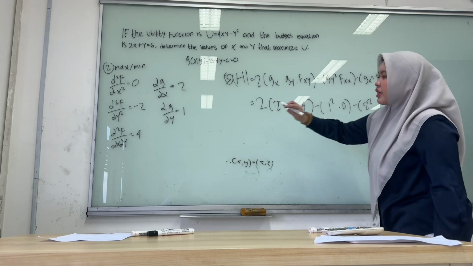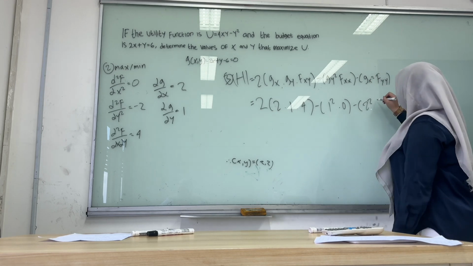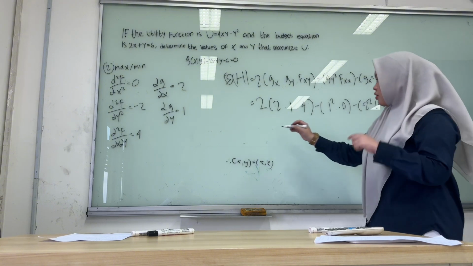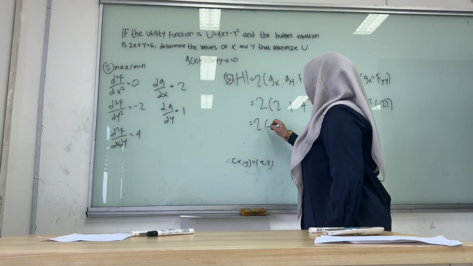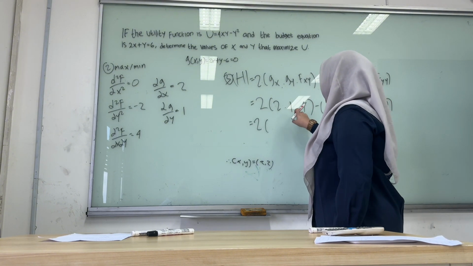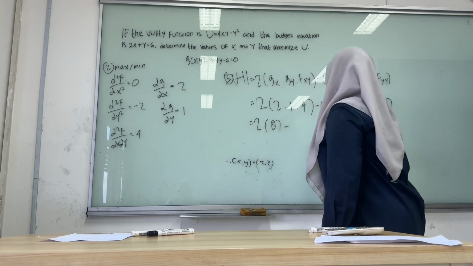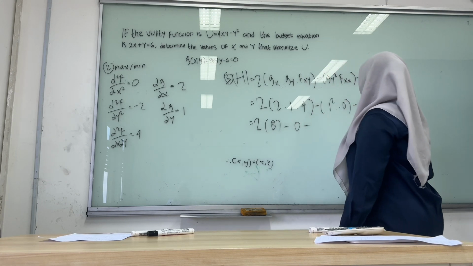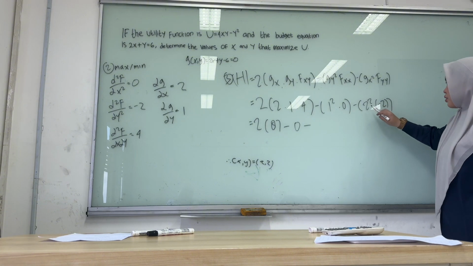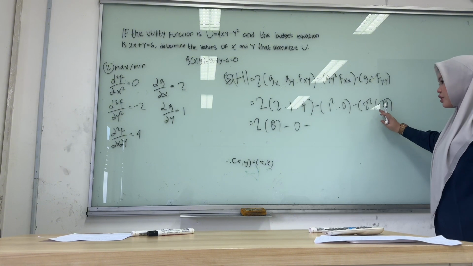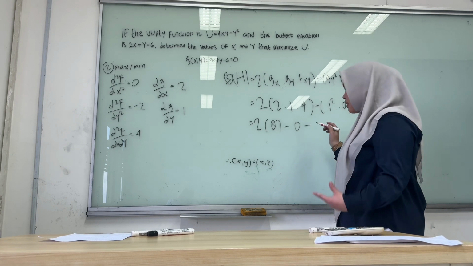So fyy is minus 2. Kind of like this. So 2 times 1 times 4 is 8. 0. 2 quadrat times minus 2. 4 times minus 2 is minus 8.